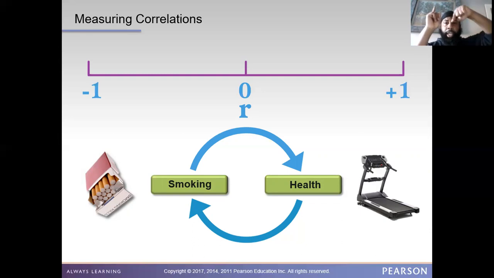I look like an idiot right now, and that's okay. I do it for science, do it for teaching. So if your health is going up, but your cigarette smoking is going down, what kind of correlation is that? What kind of relationship is that?